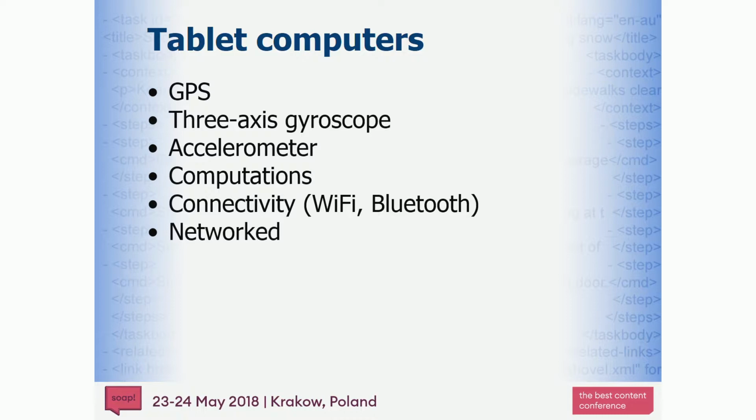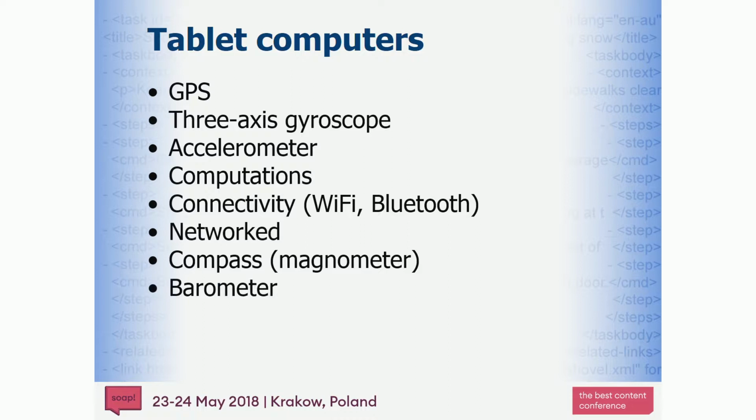And they can be networked so they can take advantage of other computers or other sources of data from somewhere else. Some of them have a compass, which curiously they call a magnometer or magnetometer, which I'm not sure why, there's probably some technical difference, and a barometer, which will help with the air pressure, and obviously a camera and a touch screen and so on.